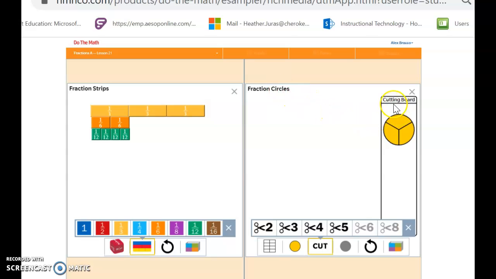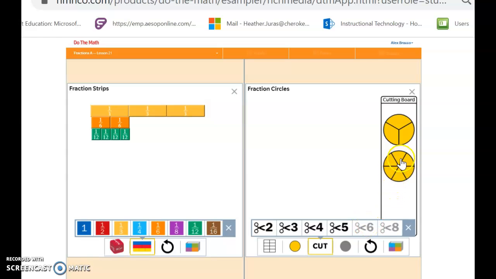Okay, so I'm going to keep these over here in the cutting board because this is the only place I can cut them. So as you can see right here, this fraction is cut into thirds. Okay, and I can then cut another fraction, I'll show you what it looks like, into sixths, okay?